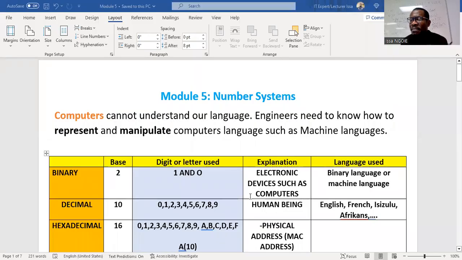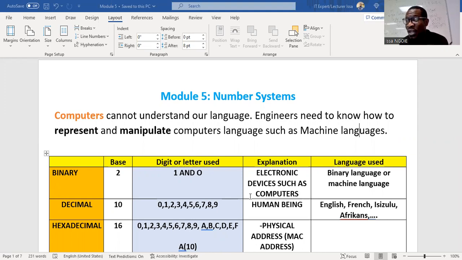Yes, we are going to talk about number systems, right? As you know, computers cannot speak English. Computers cannot understand English. Not only computers, even your phones. All electronic devices cannot speak our languages or understand those languages, right? Your computers, your switches, your routers cannot understand English, or your isiZulu, right?